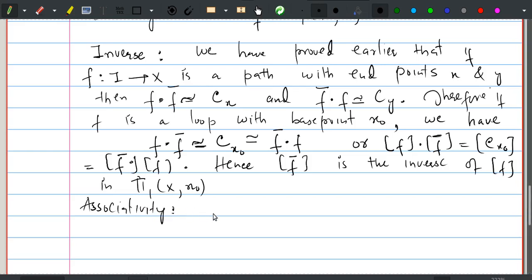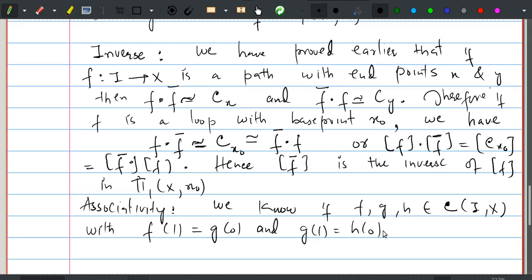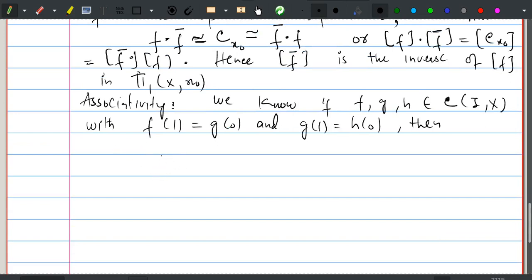For this associativity we again have proved earlier that if f, g and h are paths in the space X such that the endpoint of f is the initial point of g and the endpoint of g is the initial point of h, then if we first travel the product path fg and then travel h, this path is homotopic to the path where we first travel f and then the product of g and h.